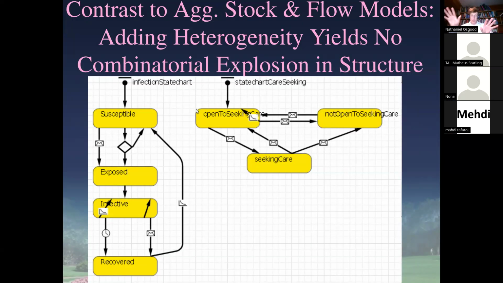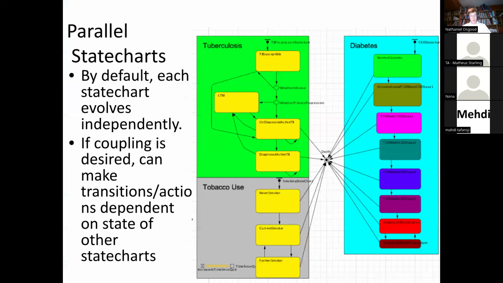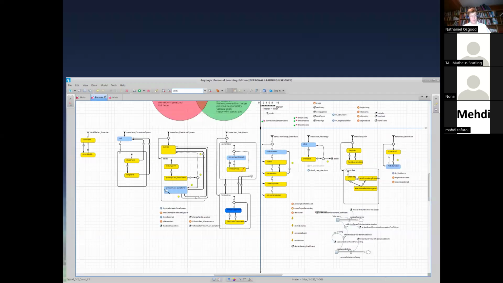Here we can parcel these out. It's not saying that they're totally independent. We'll see there are nice ways of having them interact parsimoniously, but we don't have to consider all possible combinations as we would with distinguishing them in an aggregate model. So often we are rather generous in capturing state charts of different sorts.